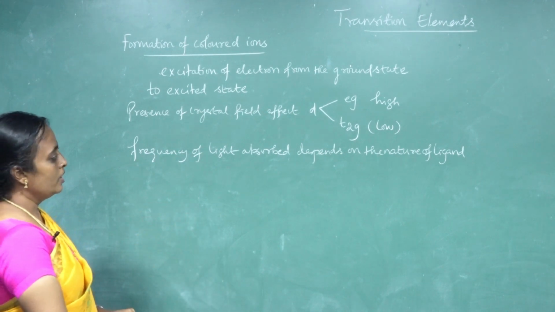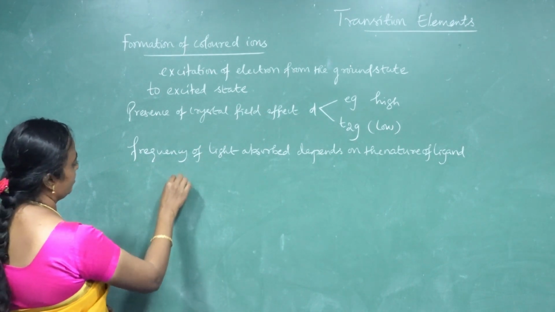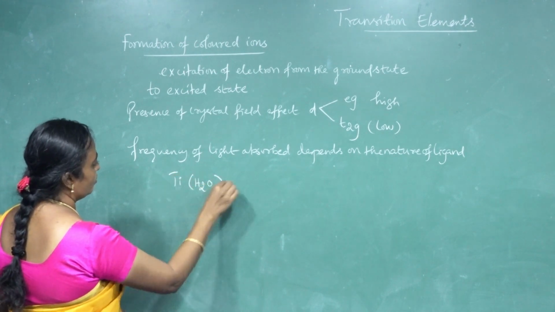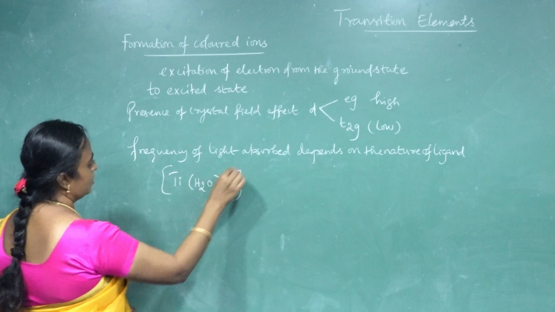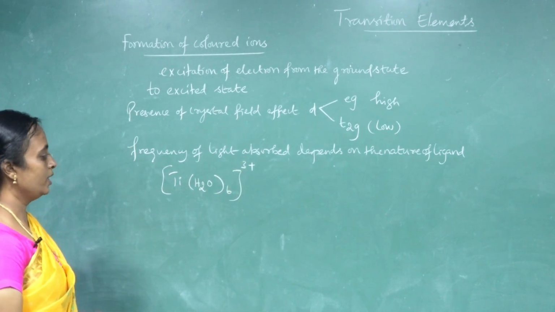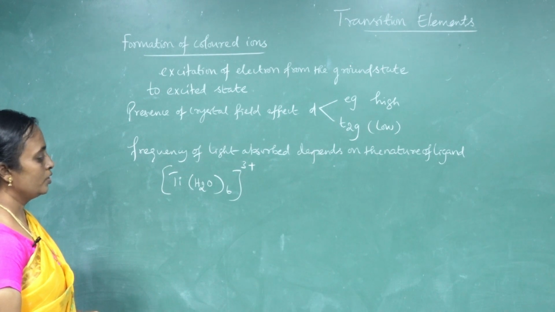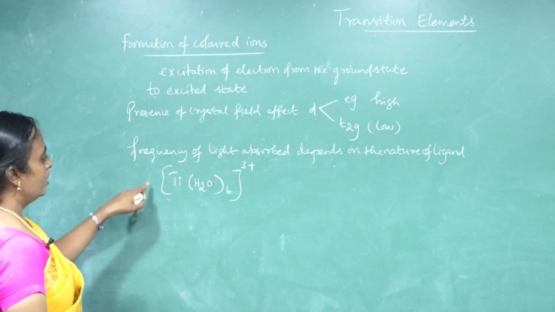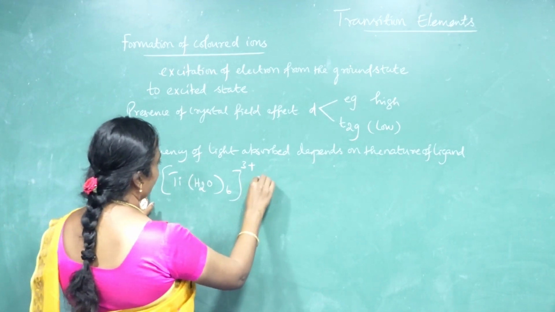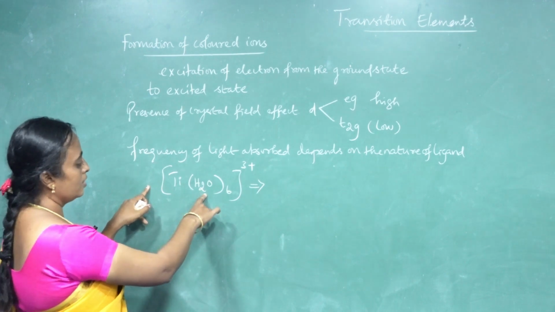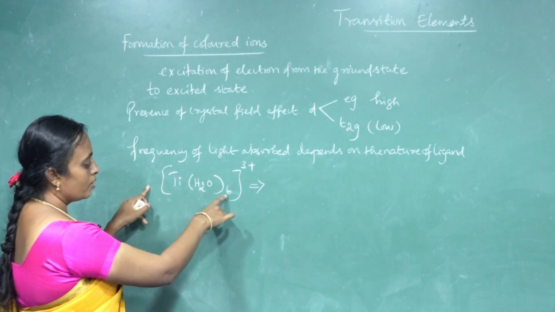If I am taking the titanium complex, that is the Ti(H2O)6 3+ complex, I can calculate the oxidation state, because water is a neutral ligand, so no problem with the 6.